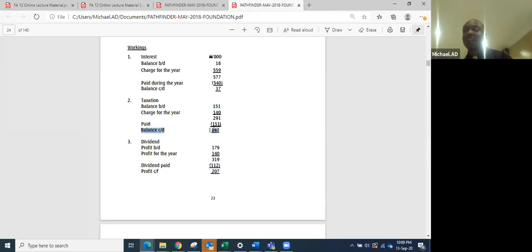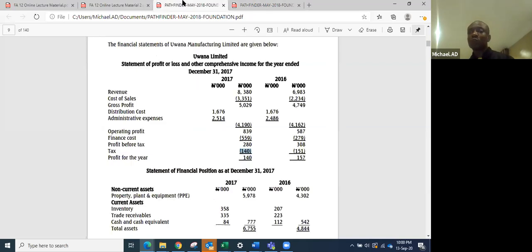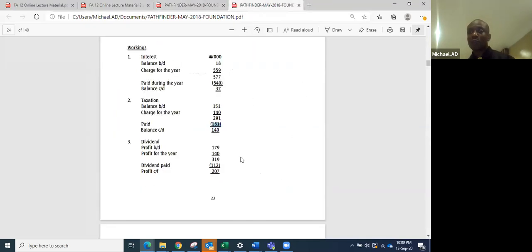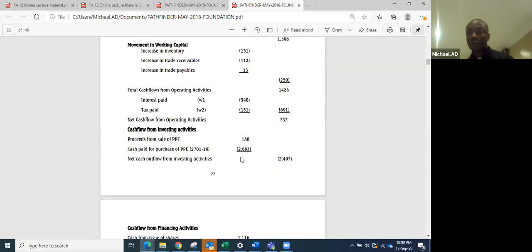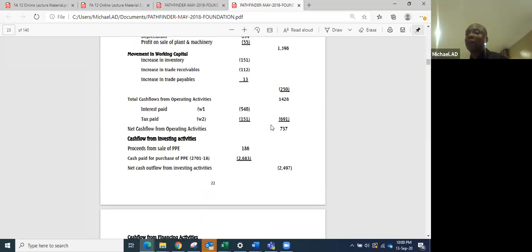At the year end, we still have 140. So how much tax have we paid? 151. So that is why we are deducting 151 again from it, because money that goes out we deduct, money that comes in we add. So that was the reason why we are treating this.